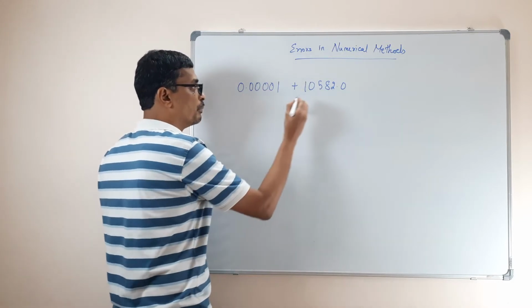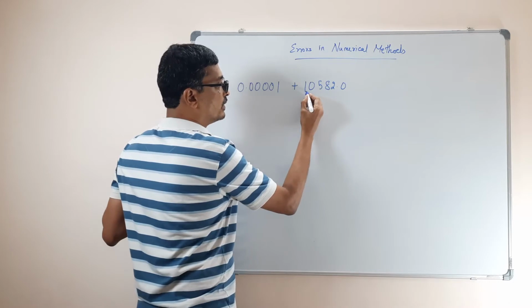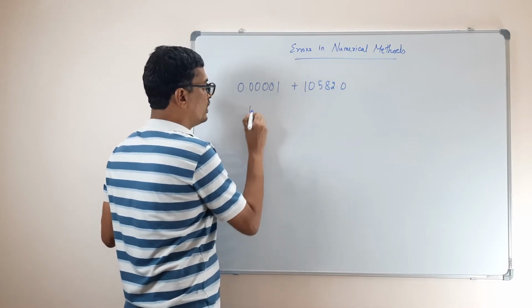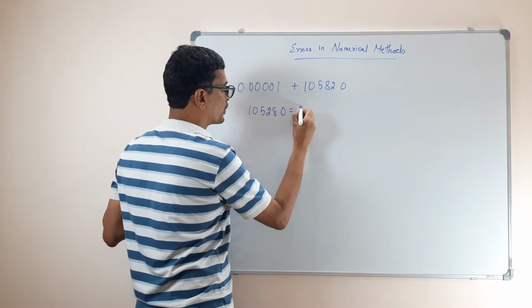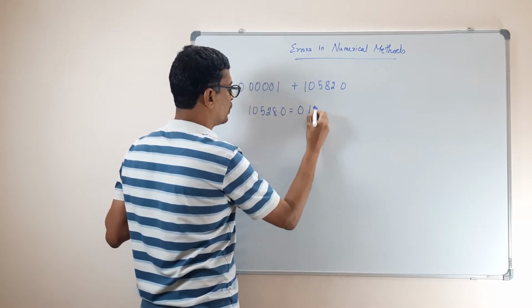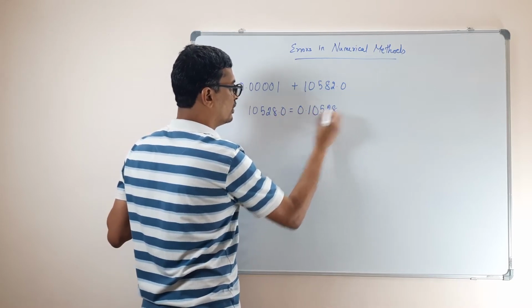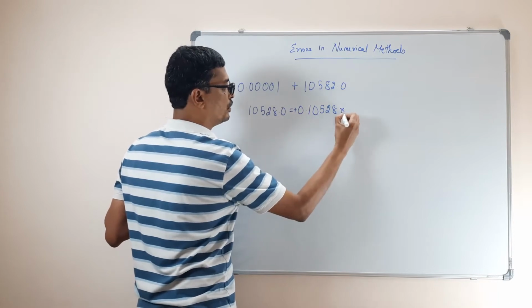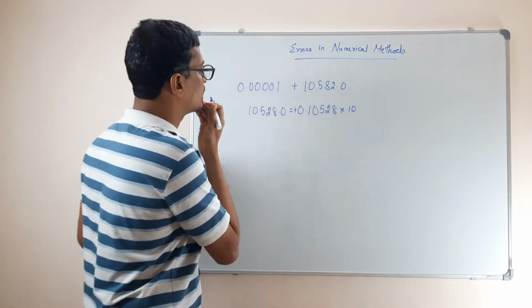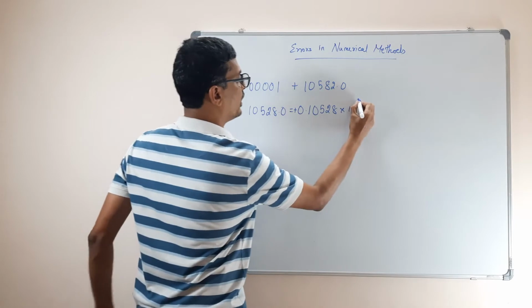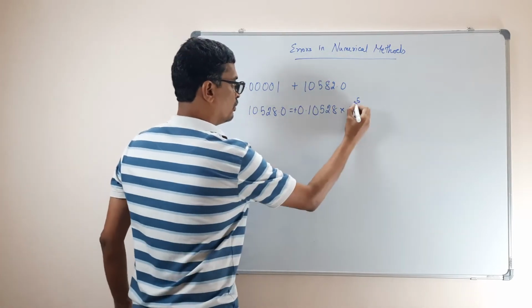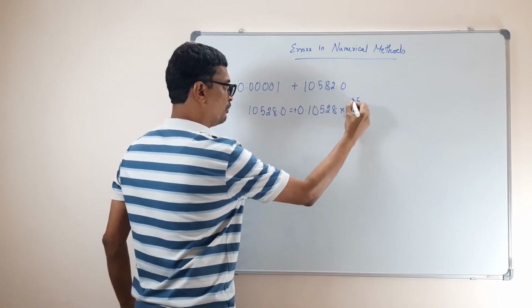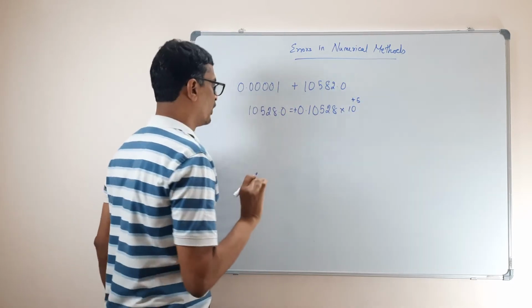So first, it takes this number, 10528.0, which will be represented as 0.10528 times 10 to the power of, tell me how much is this? 5. Am I right? This is the way the computer stores it. Plus 5, I am writing plus 5 because the computer will handle the bias.